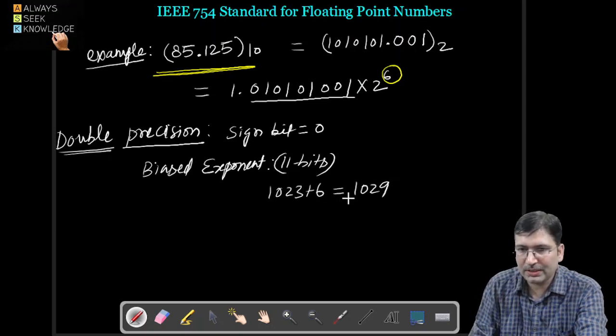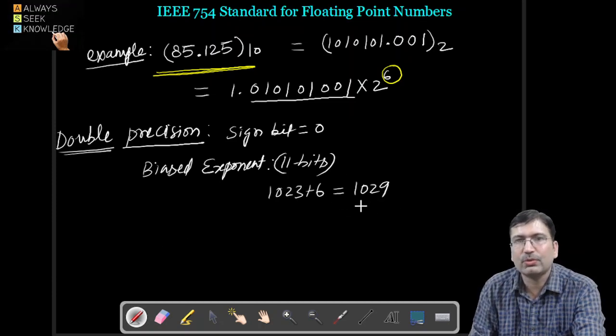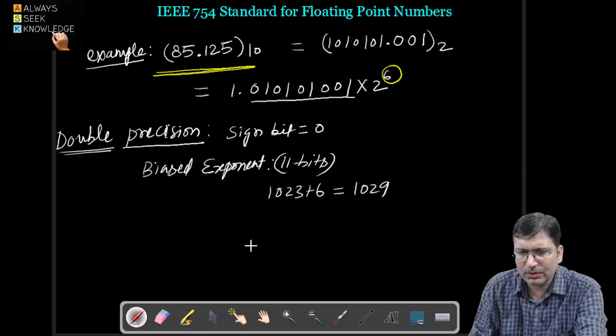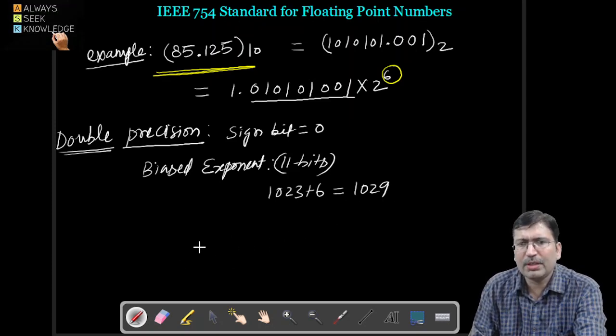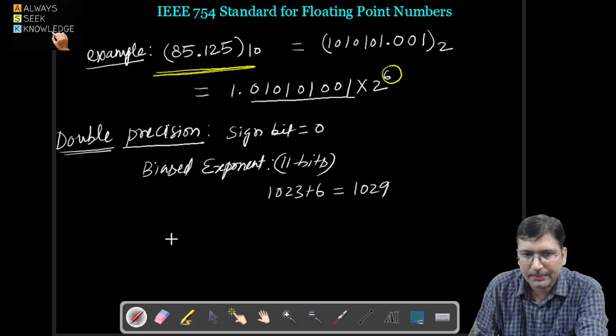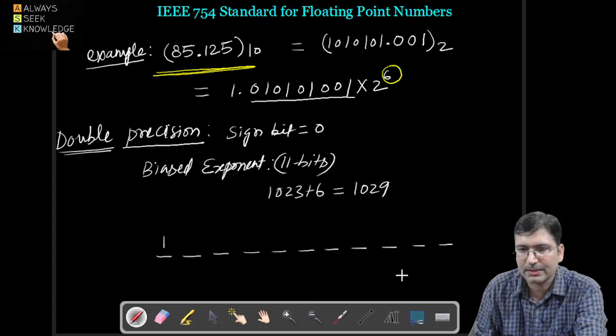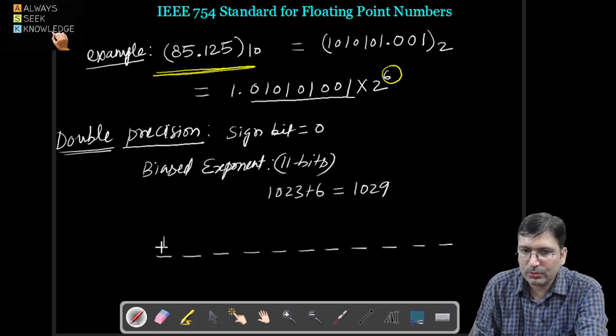And you know how to convert this 1029 into binary. It is very easy.